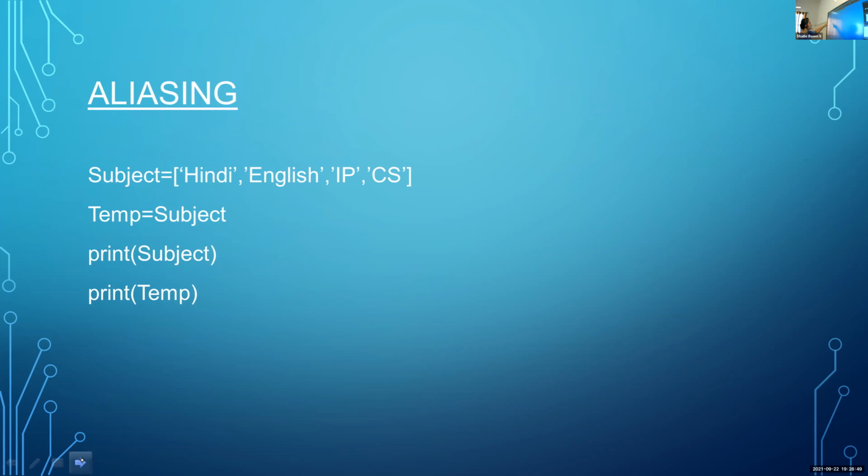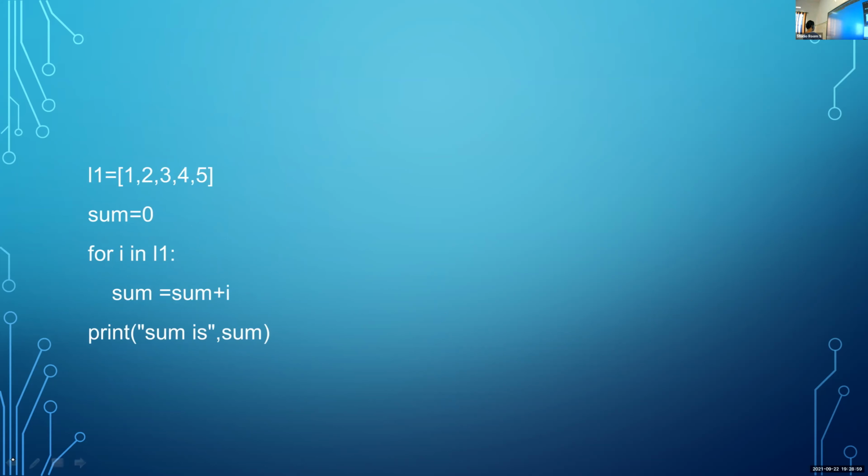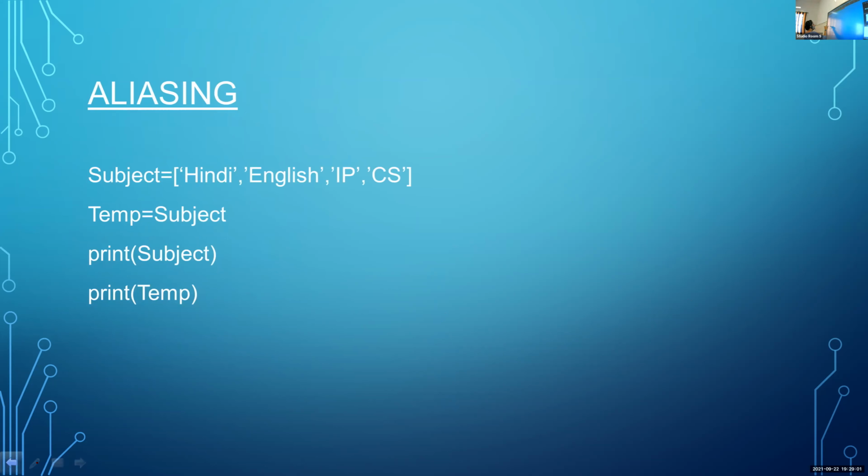Here, subject is a list with some subject values: Hindi, English, IP, and CS. Then here temp equal to subject means we are giving one alternate name temp for the list subject.